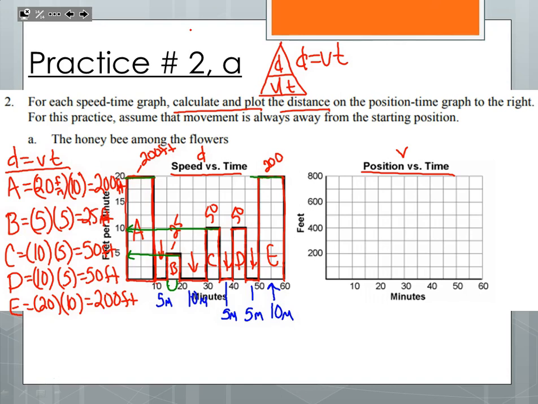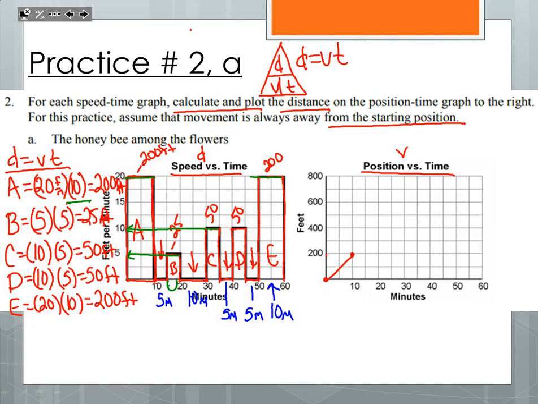You always start the starting position at the origin. So we start here at the bottom, and he travels 200 feet for the first 10 minutes. So at 10 minutes, 200 feet.